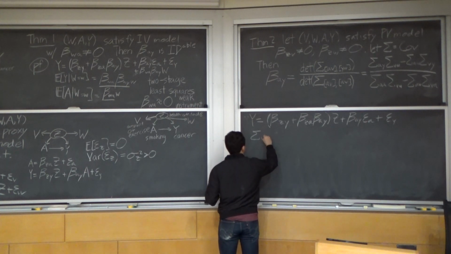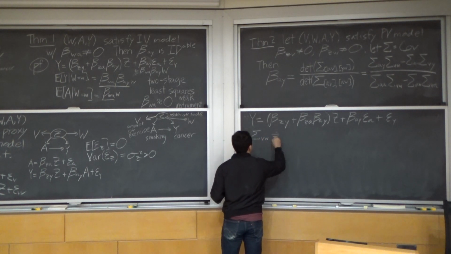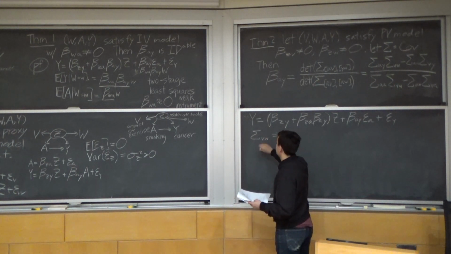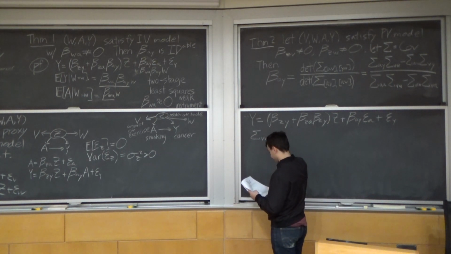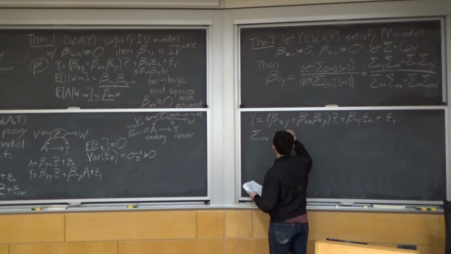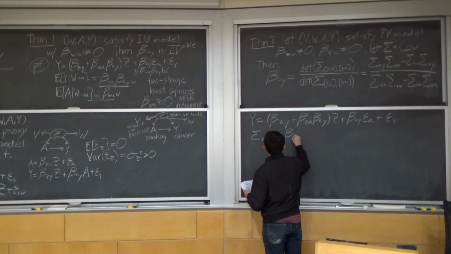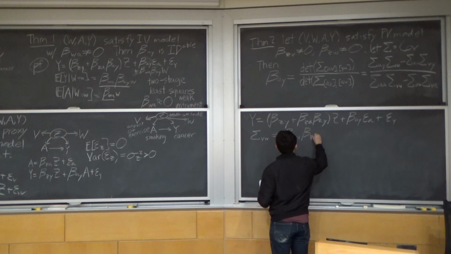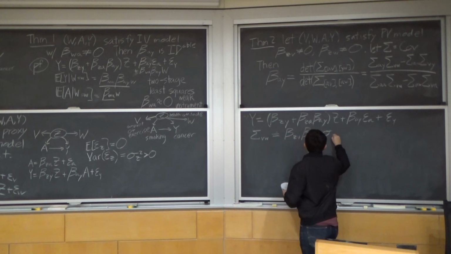So sigma_VW, the only thing that they share in common is their parent Z. So their covariance is going to be in the form beta_zv beta_zw sigma_z squared.